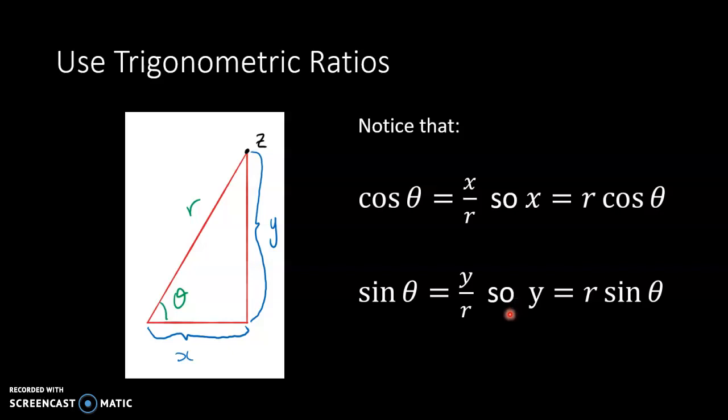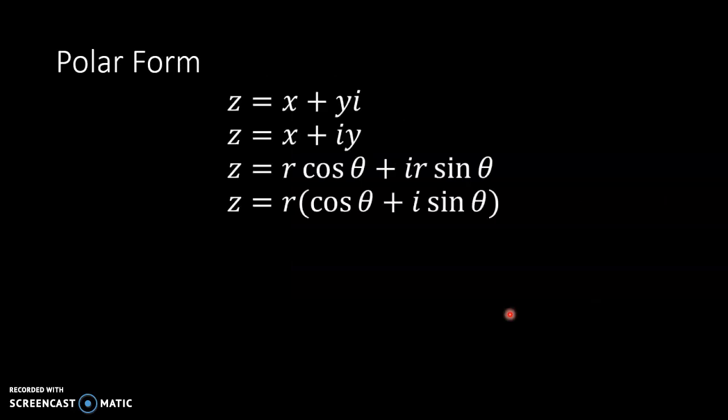If I look at writing this in polar form, I can look at my function x plus yi, and I'm going to swap it around now, iy, because this is going to get a bit fiddly. Instead of x, I'm going to use r cosine theta, and instead of y, r sine theta, that we got from before. And so now I have written z in terms of r and theta.